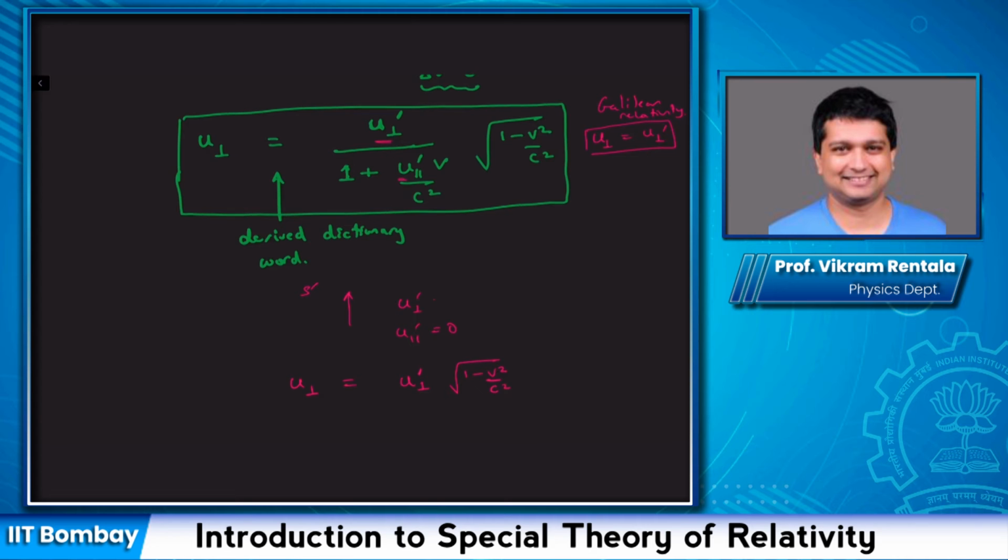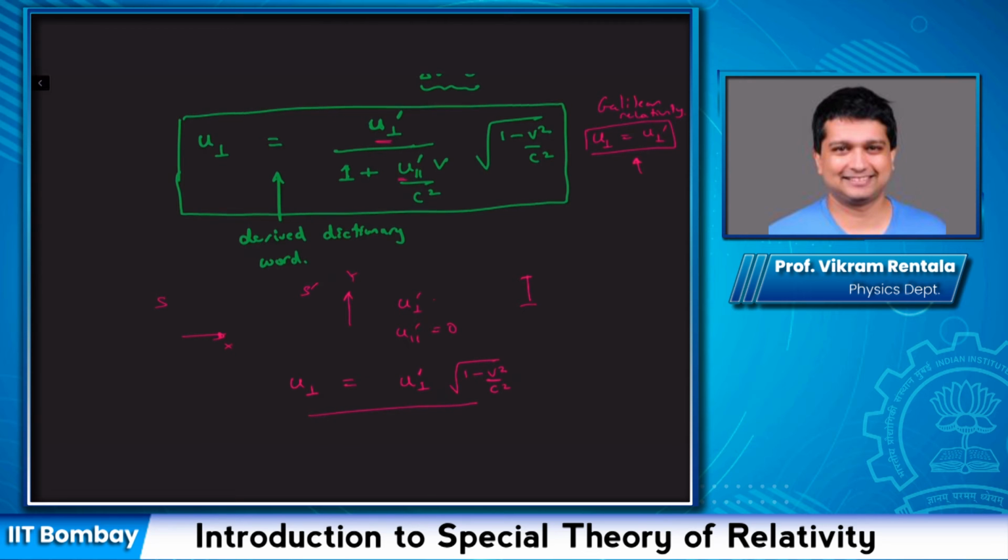Now, in this case, it's easy to understand why the dictionary is different from the dictionary of Galilean relativity. In the perpendicular direction, there is no length contraction, so the distance traveled by the ball in the vertical direction would be exactly the same as seen by S prime and another frame S which is moving horizontally, let's say in the x direction. However, there is a time dilation effect.